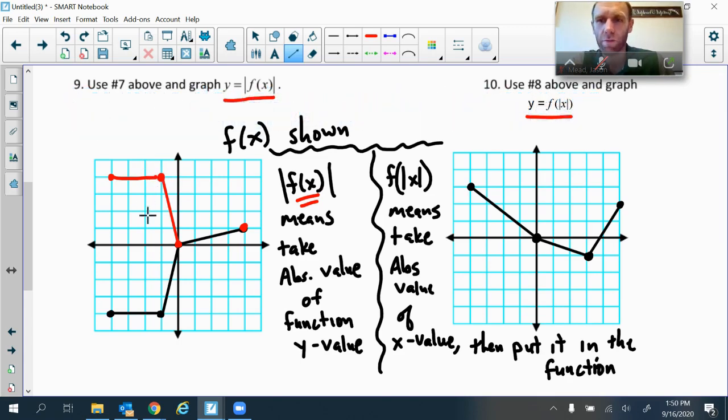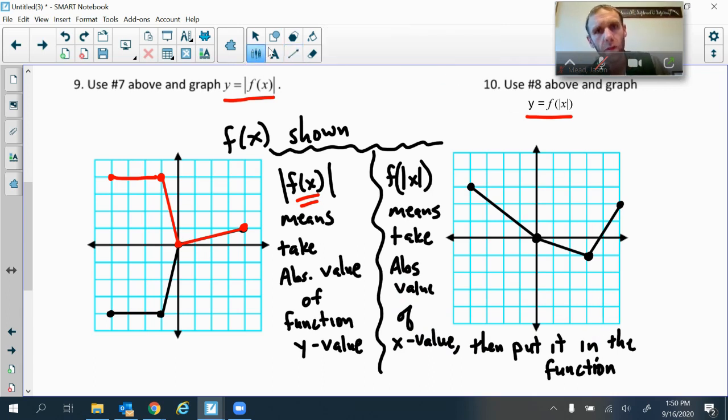So we have this situation here. This is what the graph of absolute value of f of x looks like for this function. Then I have y equals f of the absolute value of x. Well, this means we take the absolute value of whatever the x value is, then put it back into the function.